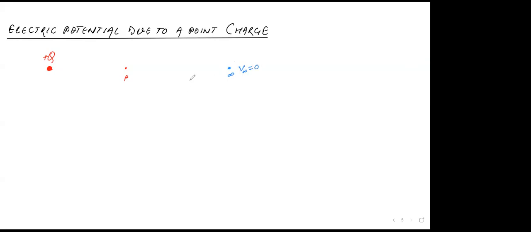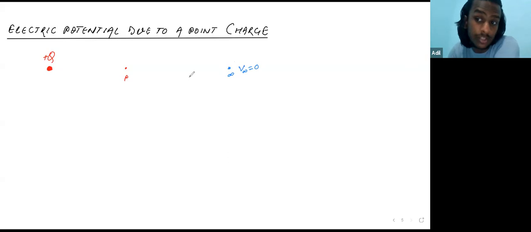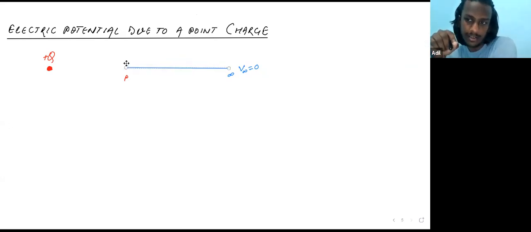Now what will happen? Once again, we are going to do the same work as in the previous heading. We have taken a unit positive test charge, which is carried from infinity to this point P in such a way that it should not be accelerated.